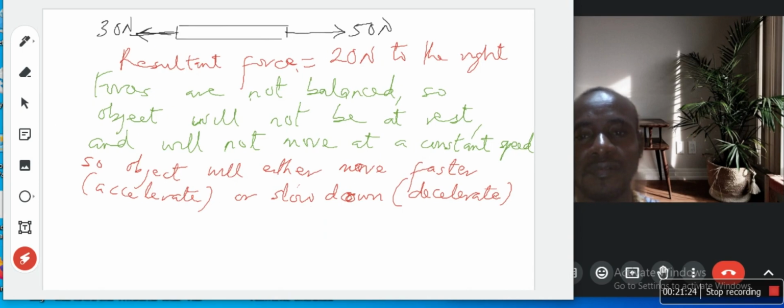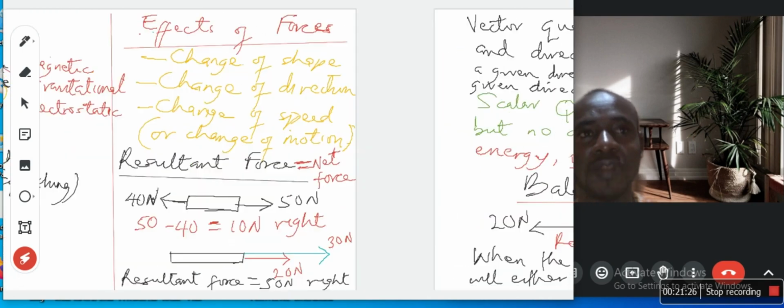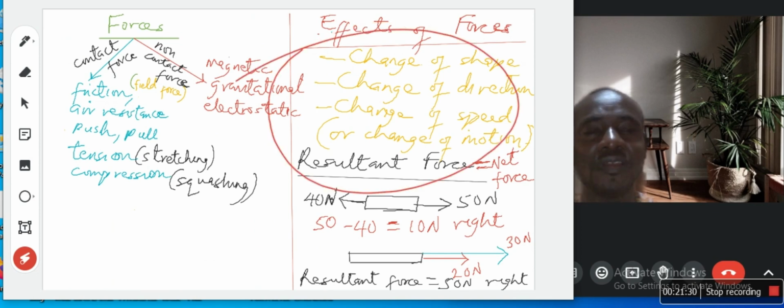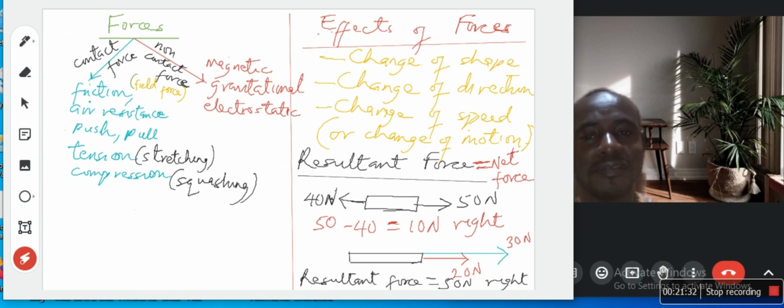Force changes motion. What are the effects of forces? It's on page 1. I know the effects of forces. It changes your speed, changes motion, changes shape, and something.